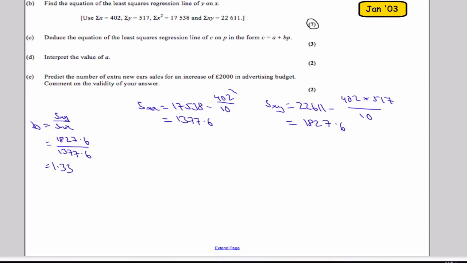Because A is calculated by doing y bar minus B times x bar. Y bar in this case is going to be 517 over 10, minus B, or what I have in my calculator I'm going to use, times x bar, which is 402 over 10.